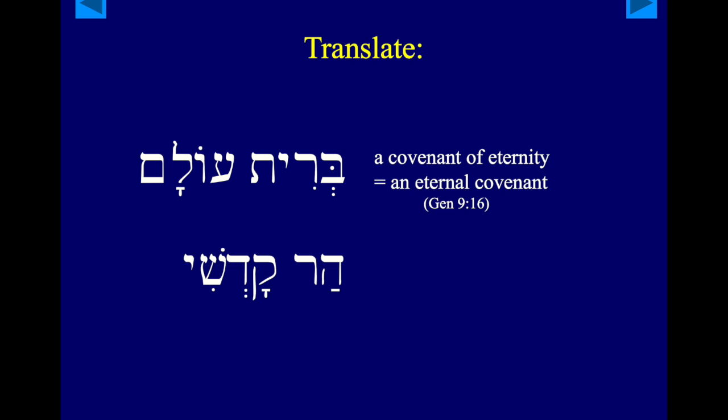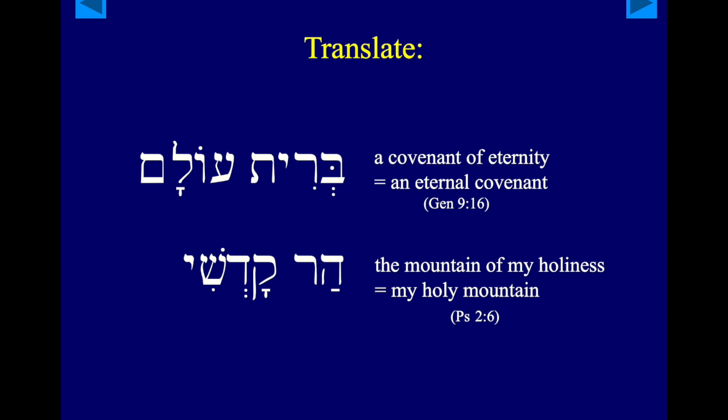Har Kodshi. This is a Kametz Chatuf, followed by a schwa. So Kod-shi, if you do your syllable work. Remember Kodesh, your vocab word. So Kodesh, and then an i at the end. That ending means my. So holiness of me.